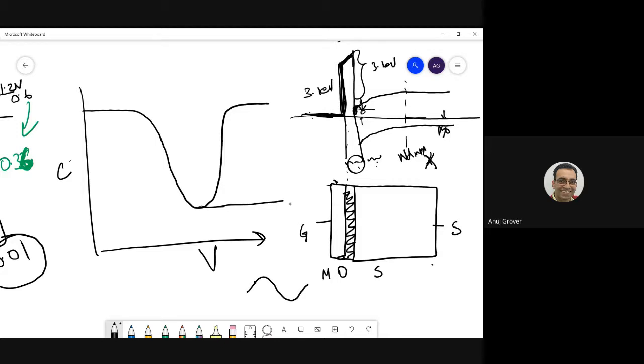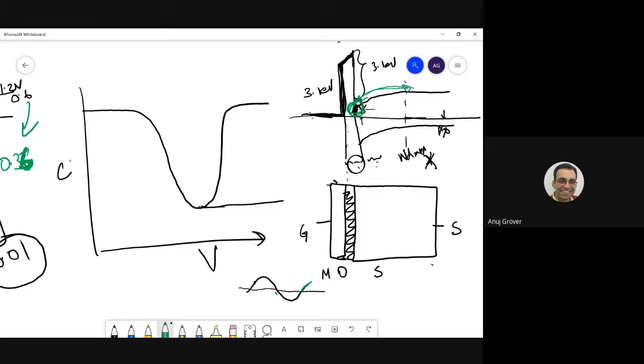When the voltage became negative, it started to push the electrons from this inversion region away. As it turned negative, electrons started to drift away, into the substrate. Then when this starts to go positive again, electrons come back.